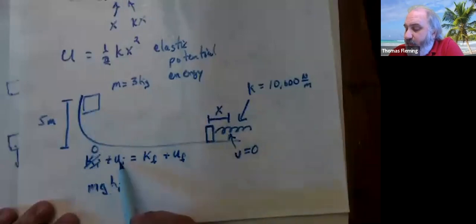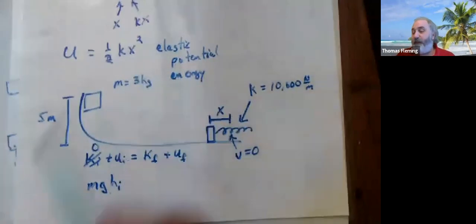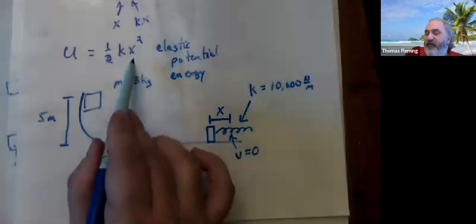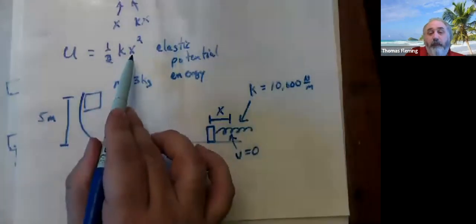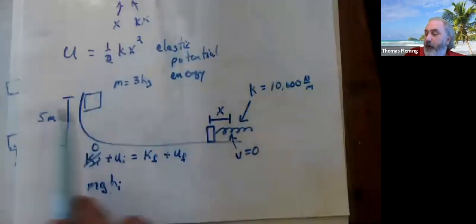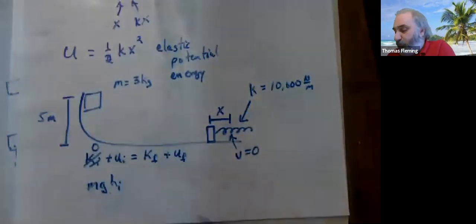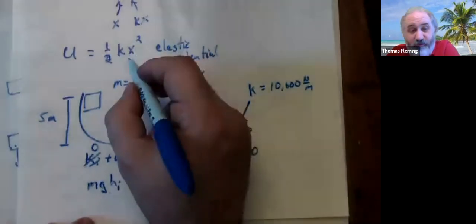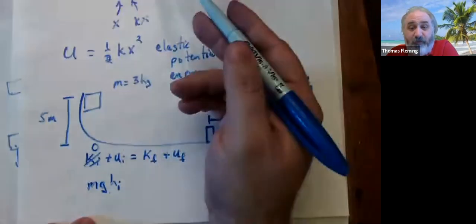I also should think about the spring potential energy, which is 1/2 kx squared, except that when the box is here, nobody's even squished the spring yet. So originally, the x is going to be 0. So the elastic portion of the potential energy is going to be 0. But in principle, U initial would have to consist of both this and this. It's just that this one happens to be 0 right now.